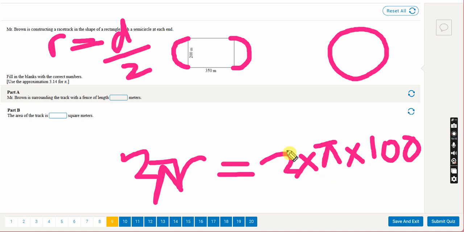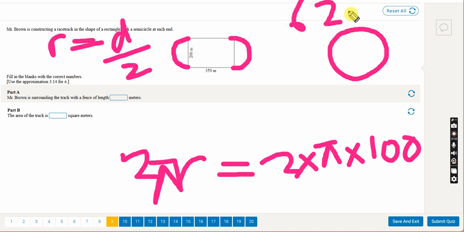So 2 times pi times 100, what does that give us? Just give me a second. 2 pi r gives us 628. Okay, let's not write the answer right now. So the circumference is 628.